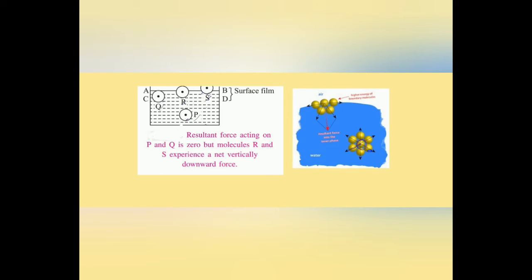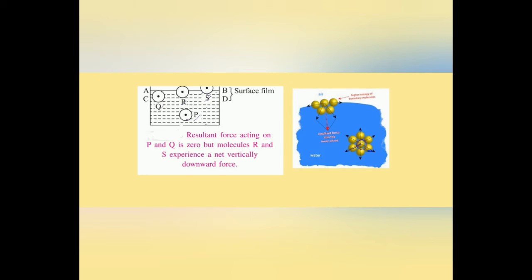The more molecules on the liquid surface, the more the potential energy. If the potential energy of a system is more, that means the system is unstable. Every system has the tendency to reduce its potential energy.